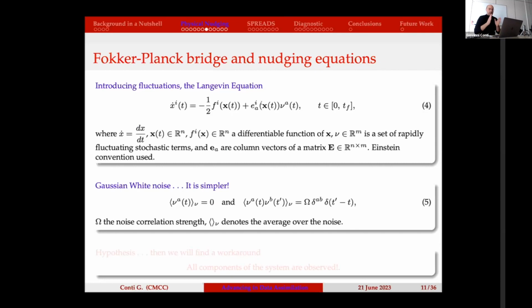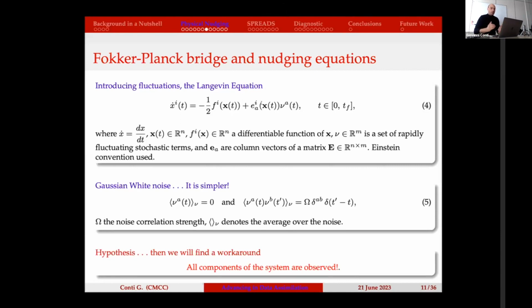And since our approach is to first find the correct equation that transports the system toward the observation, let's consider at the beginning that all the components of the system are observed.